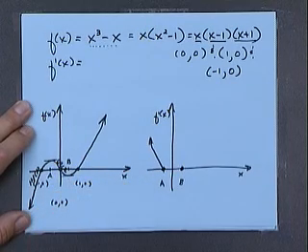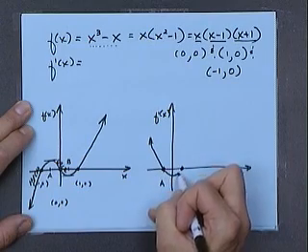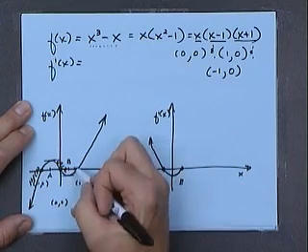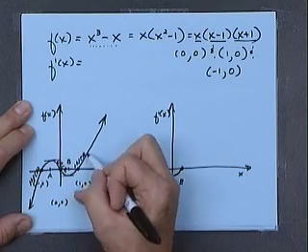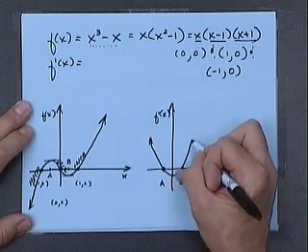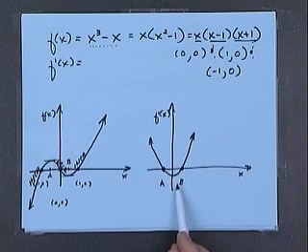If the graph is decreasing, the derivative should be negative. And then after B, the graph increases again. The slopes of the tangent line should be positive, therefore the derivative should be positive. That looks like it might be parabolic, right? It's pretty typical of what a parabola does.